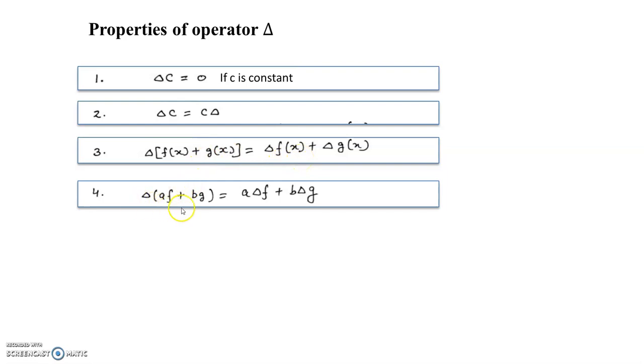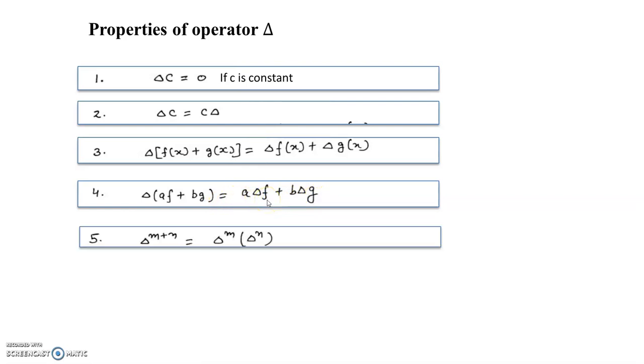Next, del of a f plus b g will be equal to a del f plus b del g, where a and b are constants. Fifth property is del of m plus n will be equal to del of m of del of n. This is not like del of m dot del of n. This is not dot. This is del of m of del of n.